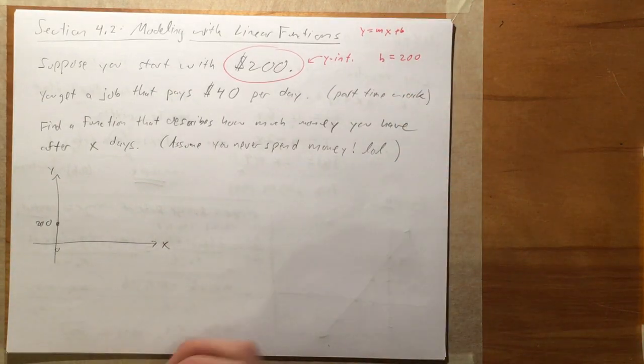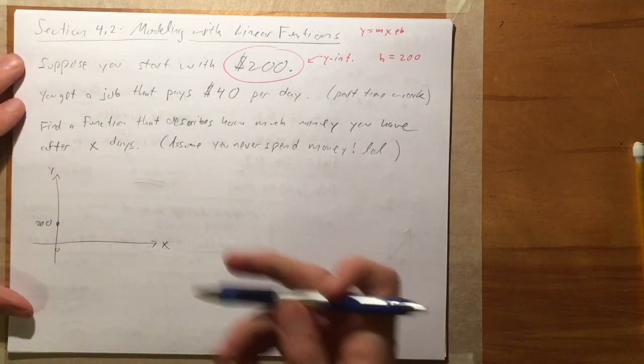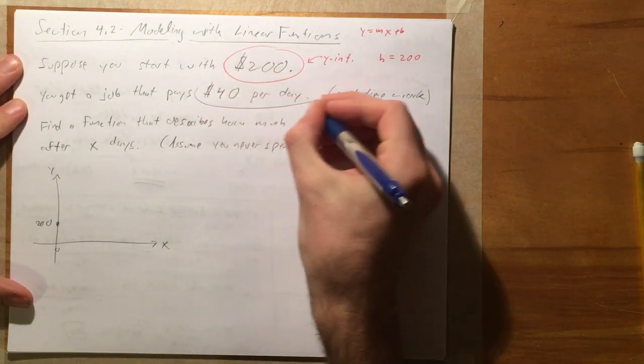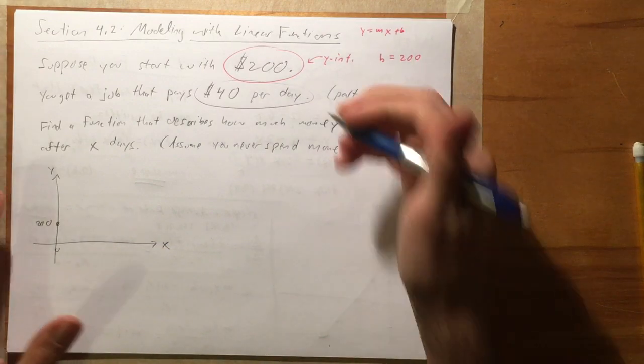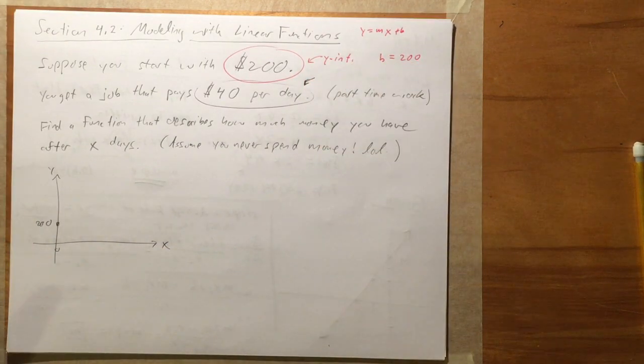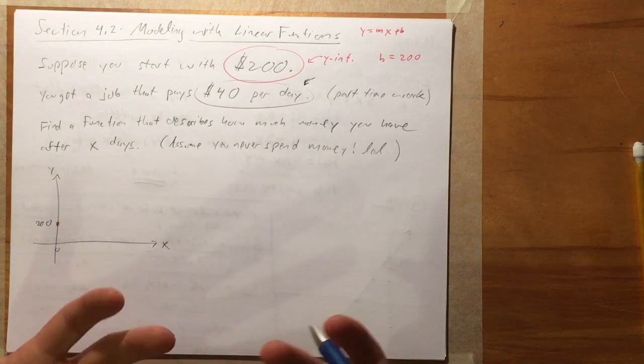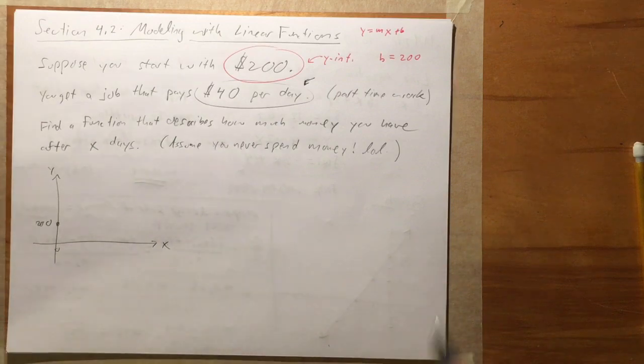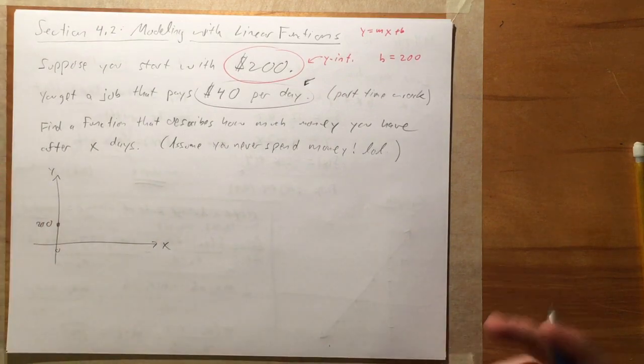The next piece of information we have here is the rate, right? $40 per day. That rate is in reference to the slope, or the rate of change. Remember in the last video, I explained how the constant rate of change is the same as the slope of the line in a linear function. Actually, that's for functions in general.